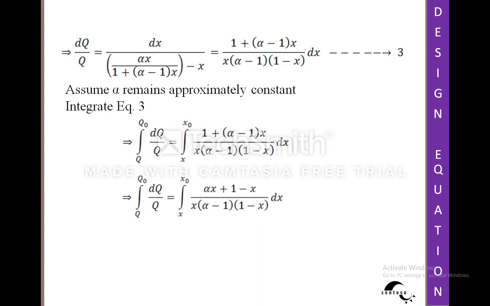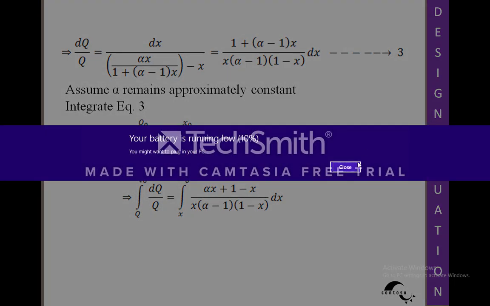When you integrate the left side, dq by q is very simple to integrate. When you observe the right side, you have x in the numerator and denominator, that's multiplication, which cannot be separated.